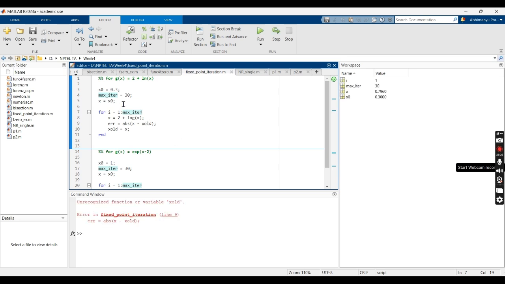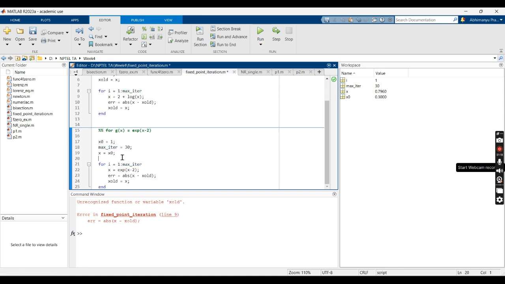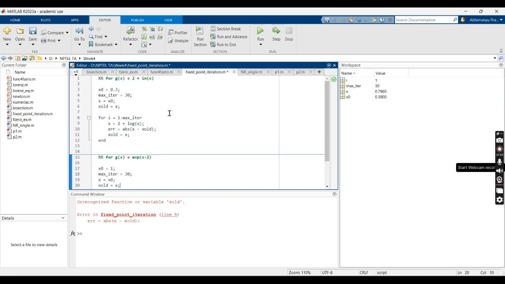Okay, xold is not defined. I need to do the same thing over here. Okay, so it ran for 30 iterations.